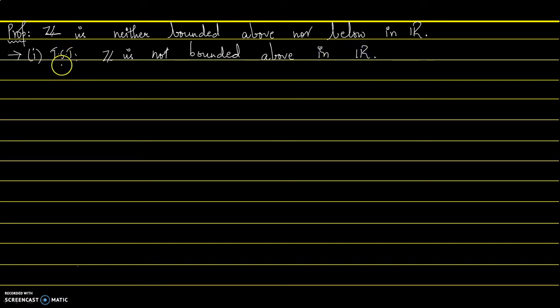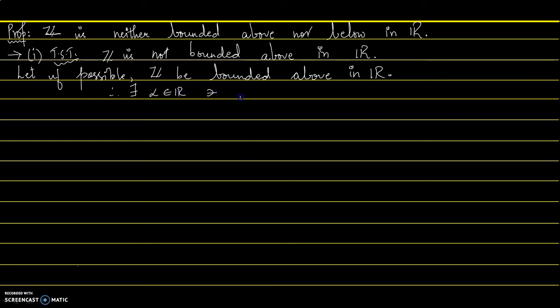Again we'll go by contradiction. So let, if possible, Z be bounded above in R. Now Z is bounded above in R, that means it is going to have an upper bound in R. So there exists a real number alpha in R such that alpha is an upper bound of Z. That means alpha is bigger than every integer, such that m is less than or equal to alpha for every integer m.